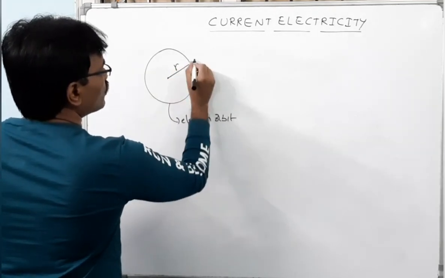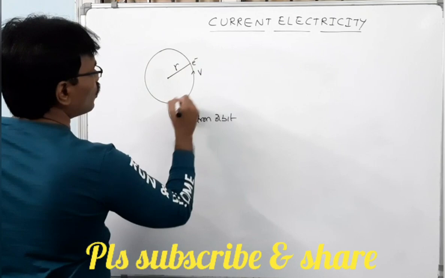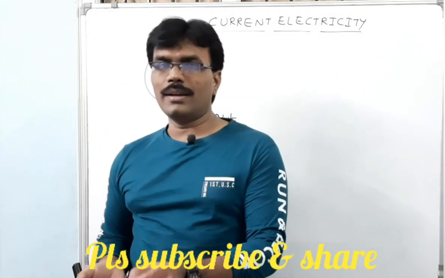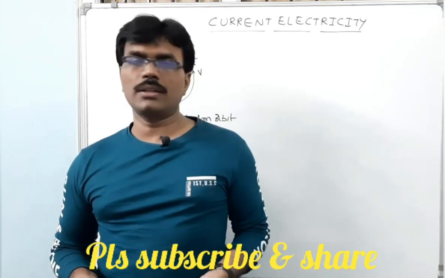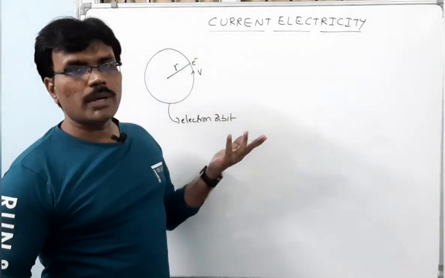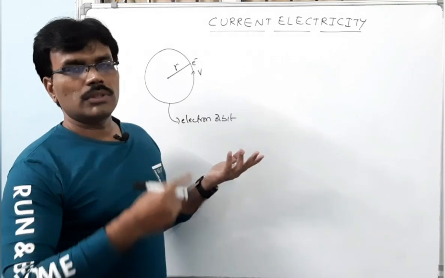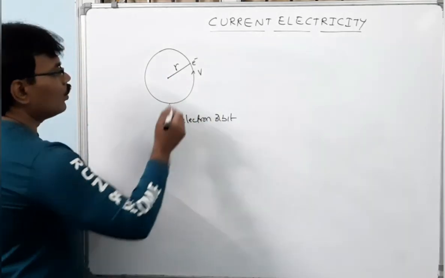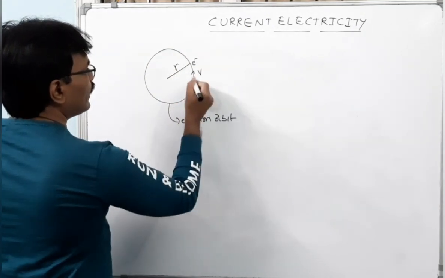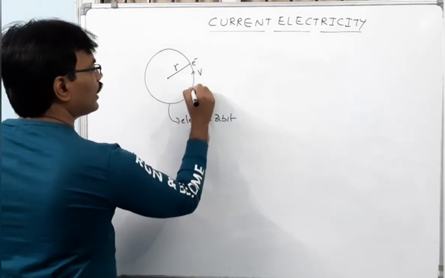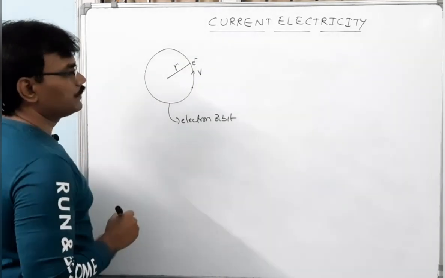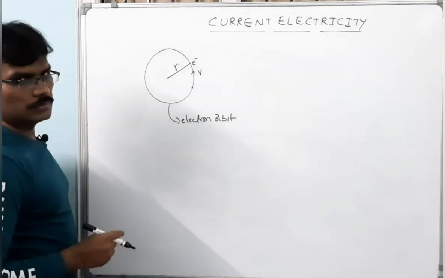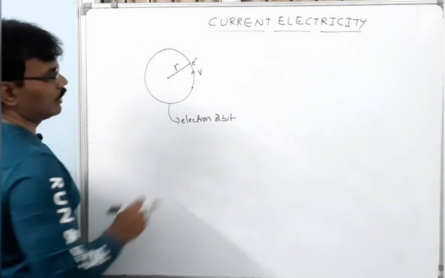If this electron is moving with speed v in its orbit, since it is a moving charge, what is electrical current? Electrical current is coming because of the motion of electrical charges. So whenever a charged particle moves with respect to time, it gives electrical current. What is the average current at any point in the electron orbit? That we are going to see now.